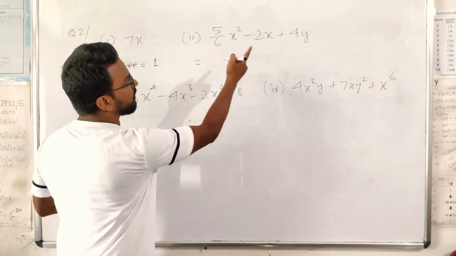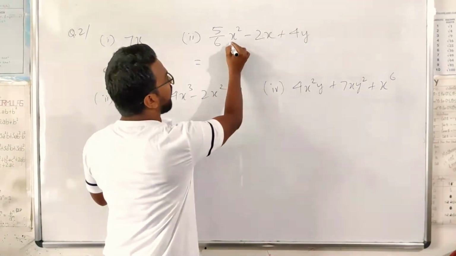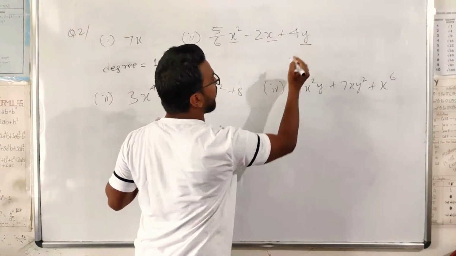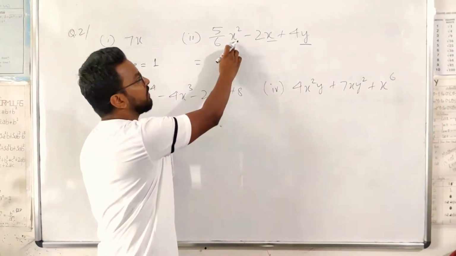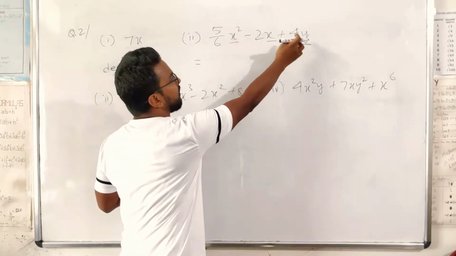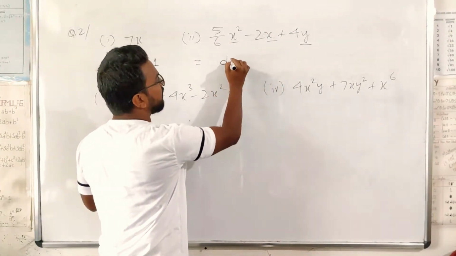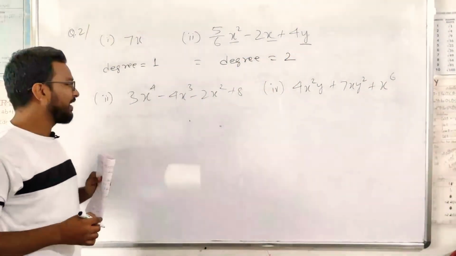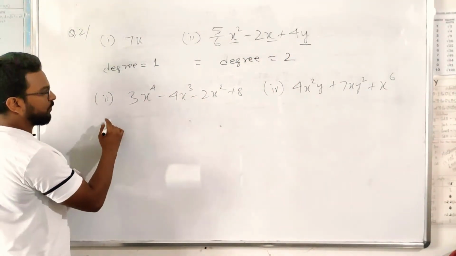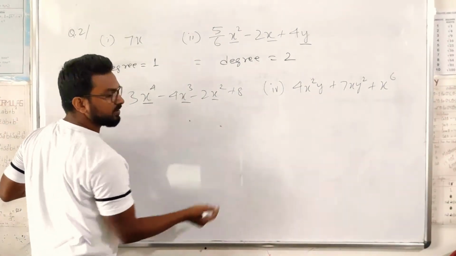In this case, you see what is the highest power. First we will identify what are the variables. Here x and y are the variables. Now we'll see the highest power. The powers are 2, 1 and 1. So highest is 2. So degree will be 2. Next, what will be the degree of this? The variable is x.